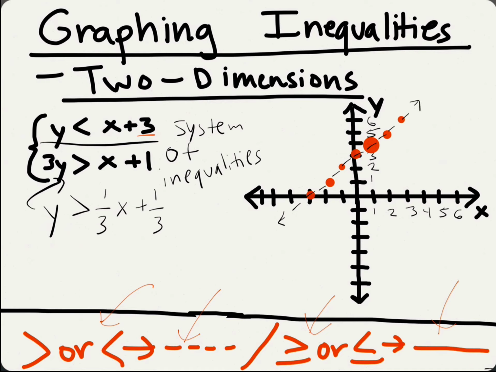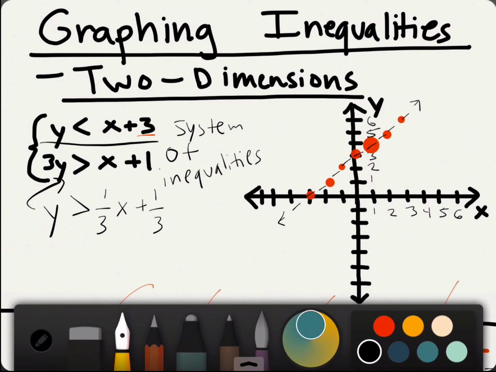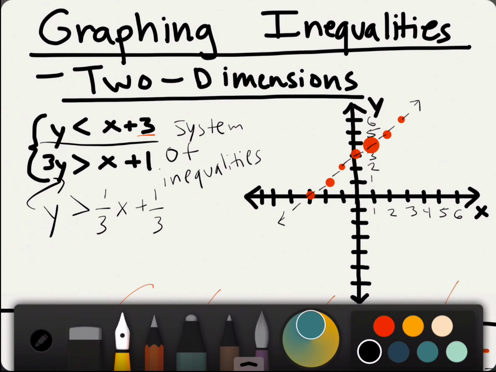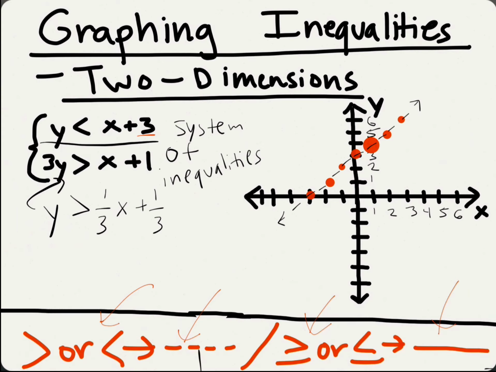Great. Now let's do the other one: y is greater than 1/3 x plus 1/3. We're going to go up 1/3, and I'm going to draw this with the yellow, which is about right here. Anyway, I think you see it right there. The slope is rise over run, so rise is 1 and run is 3.